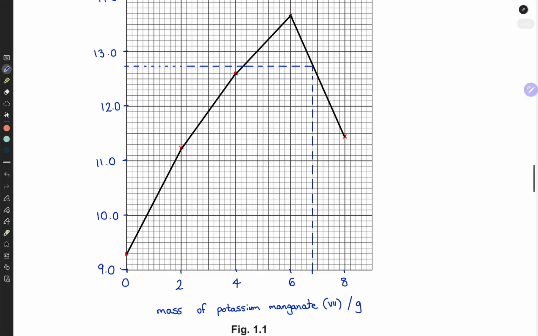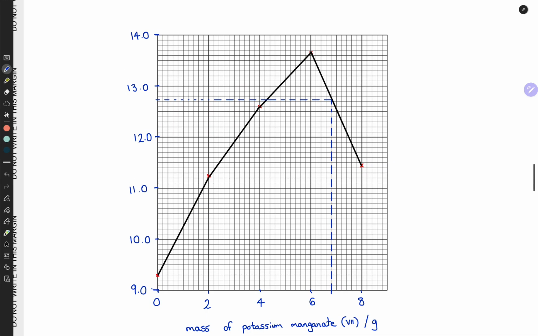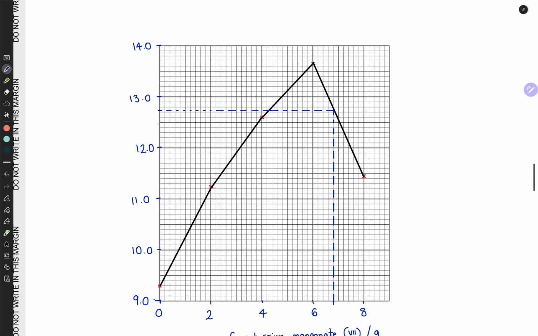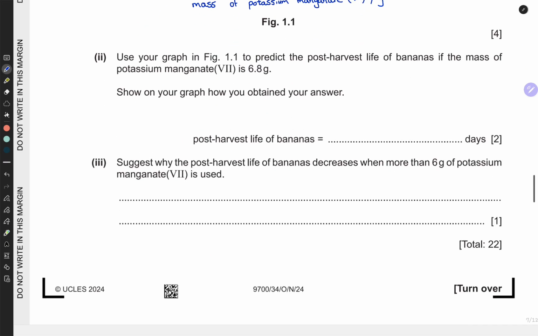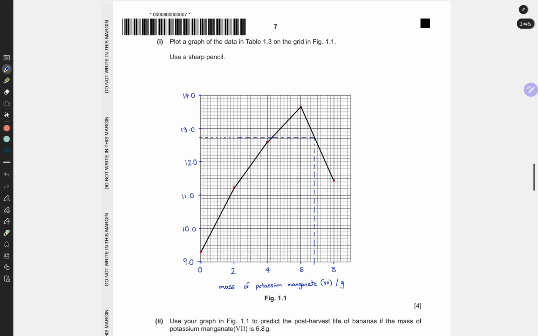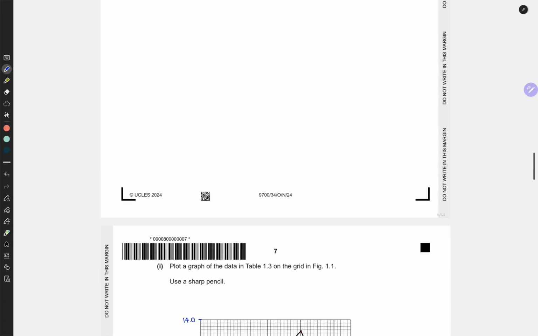All of this, of course, is done by a pencil, HB pencil. I'm just using different colors for educational purposes. So here is 12.5, 6, and 12.7. It's a little bit above it, so you can, for example, write 12.73. And of course, labeling the y-axis, mean post-harvest life in days.